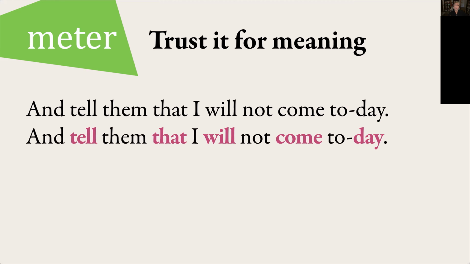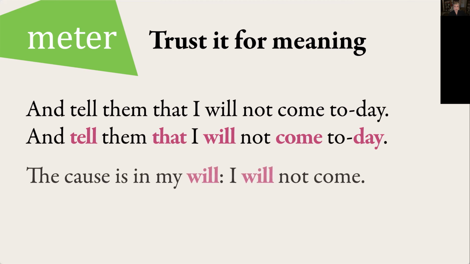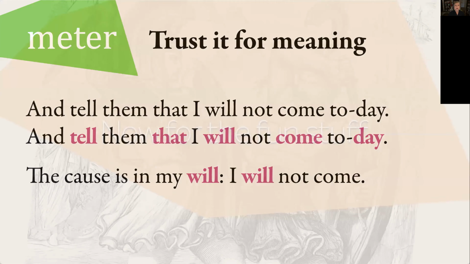There's a big difference between "I will not" and "I will not." Caesar clarifies this a couple lines later: "The cause is in my will. I will not come." Now this happens throughout the plays, thousands of times, where there are these subtle little differences or subtle little emphases on words that Shakespeare wants you to look at.